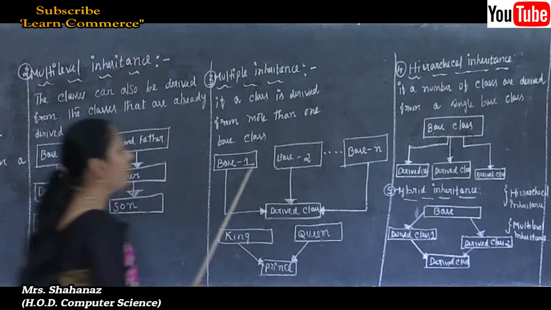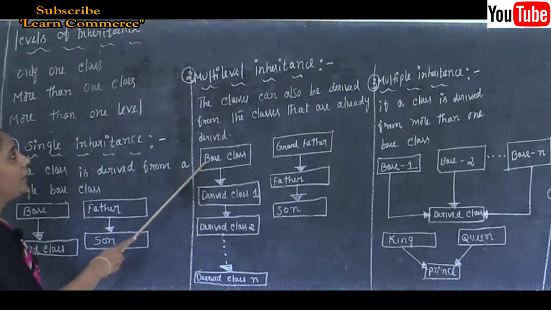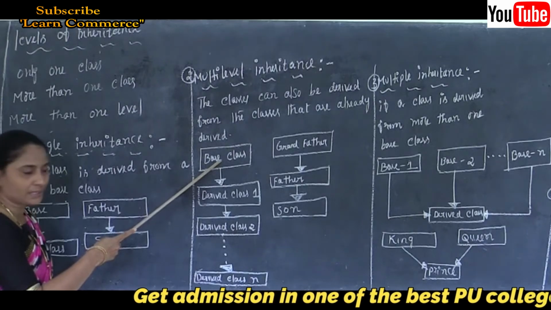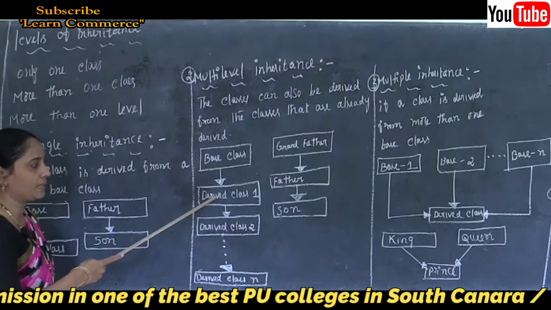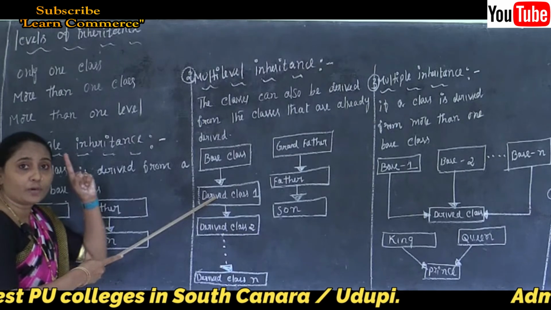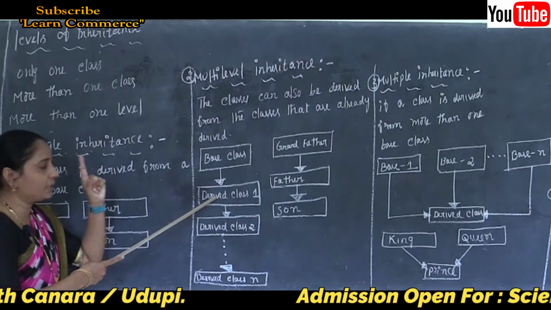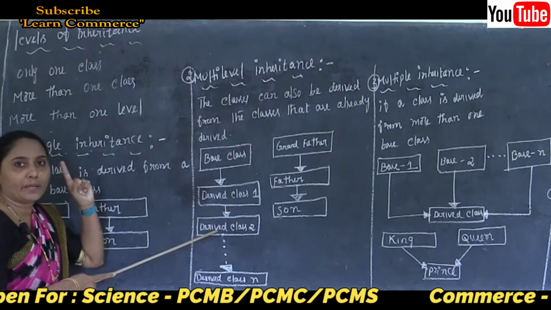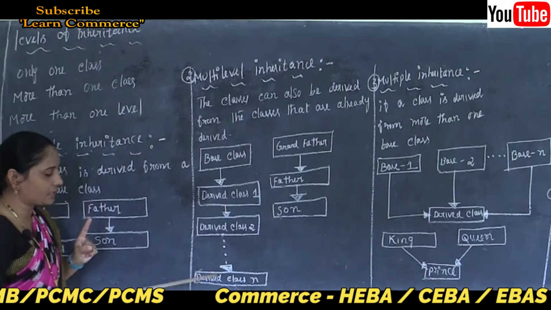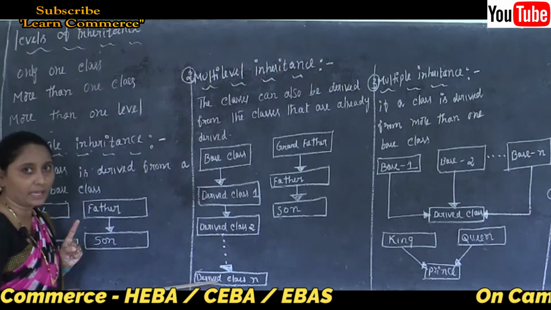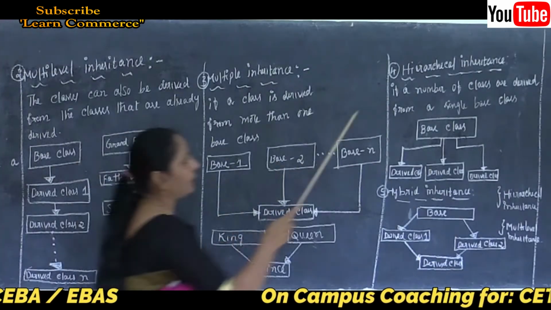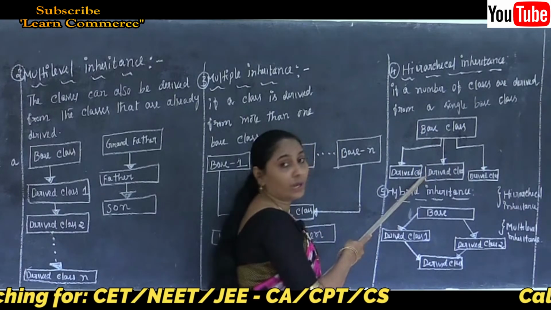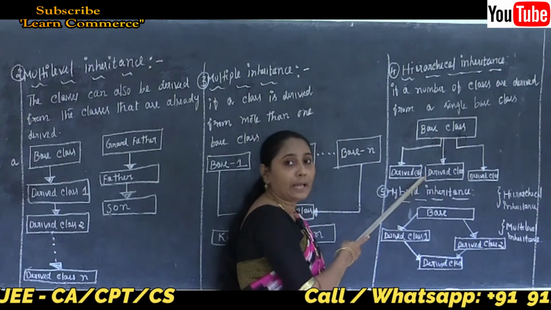When you check the multi-level inheritance diagram, first there is the base class, by using the base class we construct the first derived class, by using derived class 1 we construct derived class 2, and by using derived class 2 we construct one more derived class. In hierarchical inheritance, one base class is there and we construct a number of derived classes.